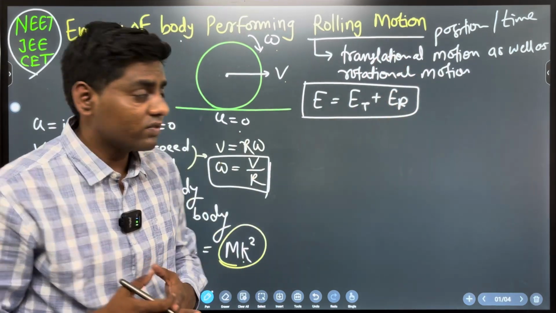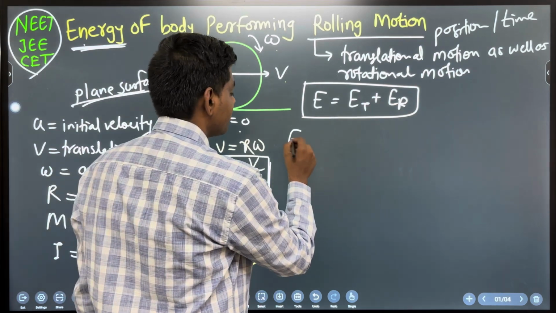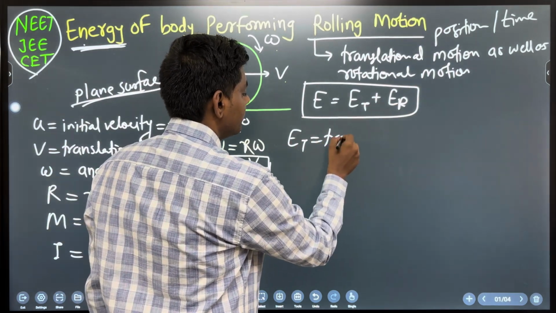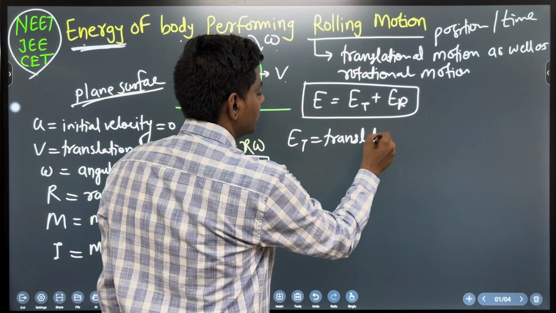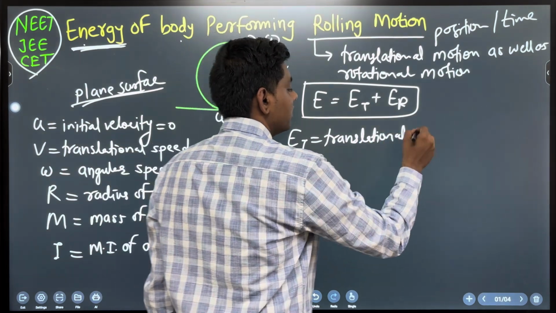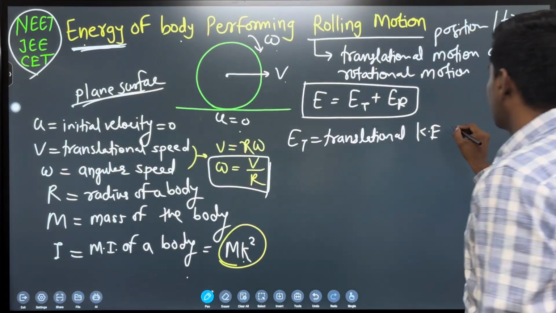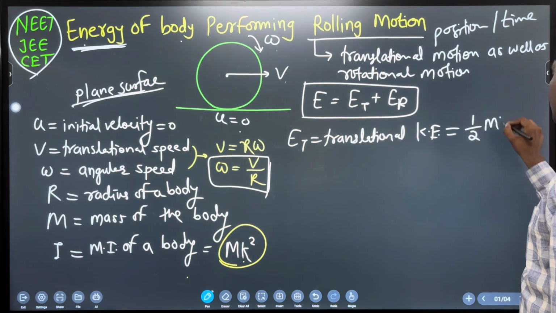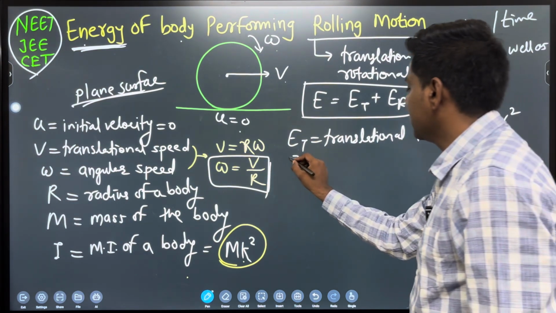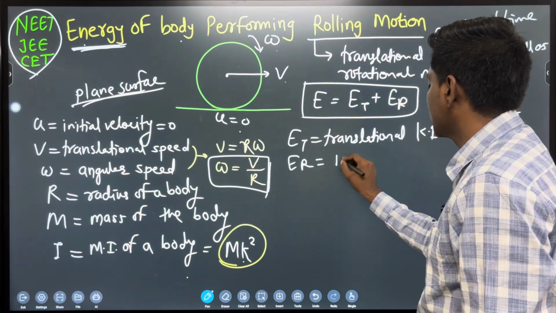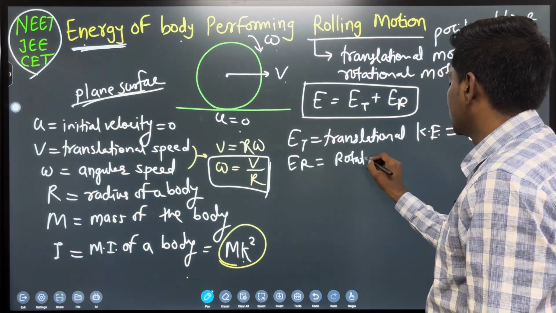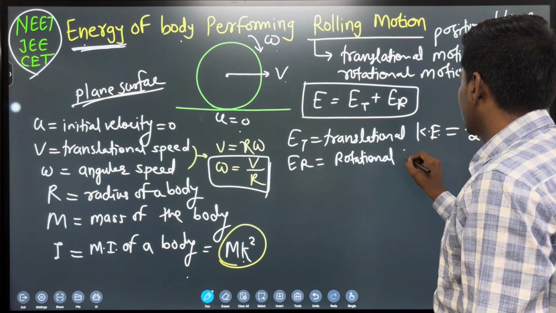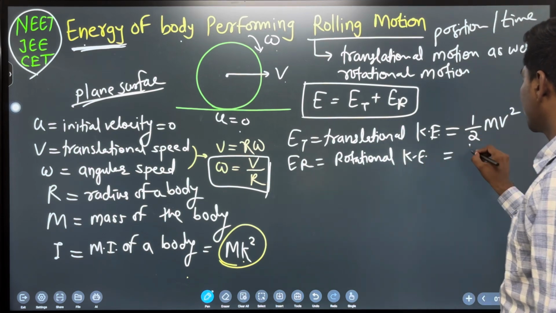And we know the formula of translational kinetic energy: half mv square. And ER is the rotational kinetic energy. What is the formula of rotational kinetic energy?